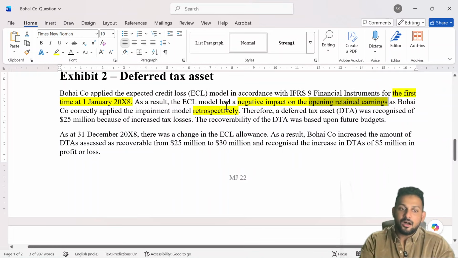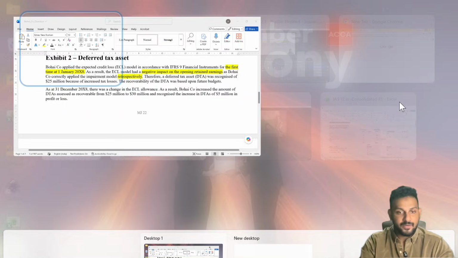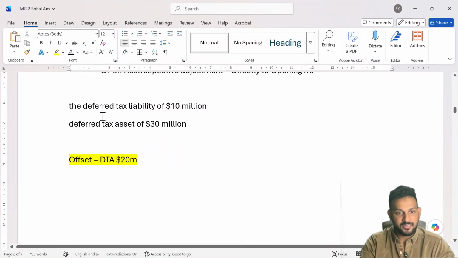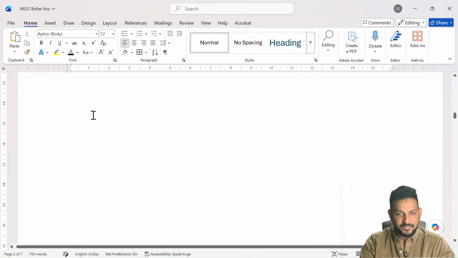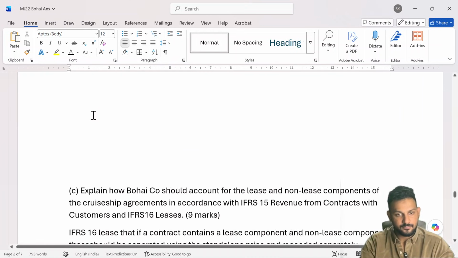And also, the deferred tax on expected credit loss should also be taken to opening retained earnings. This is what we discussed just now, right?